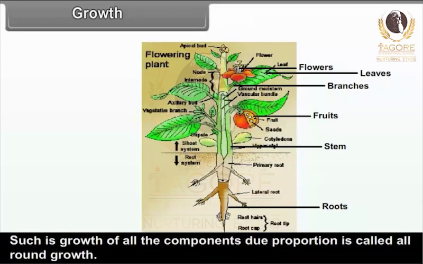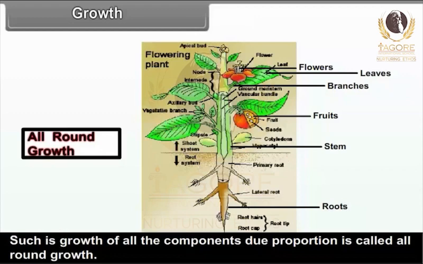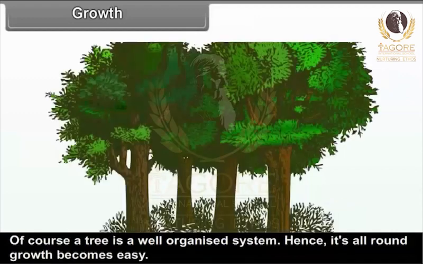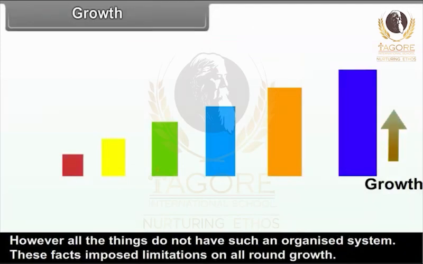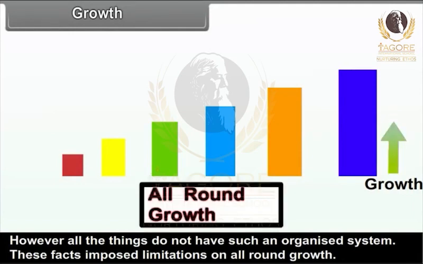Such growth of all components in due proportion is called all-around growth. Of course, a tree is a well-organized system. Hence, its all-around growth becomes easy. However, all things do not have such an organized system. These facts impose limitations on all-round growth.